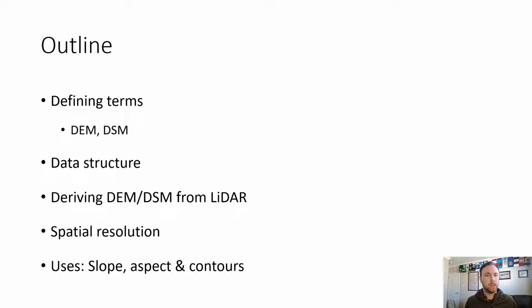I will talk about the data structure. Talk briefly about how to derive DEM and DSM from LiDAR data, at which point I will define LiDAR as well. Talk a little bit about spatial resolution and scale, and then how we actually use DEMs. You can derive slope, aspect angle, and contour lines from digital elevation models.